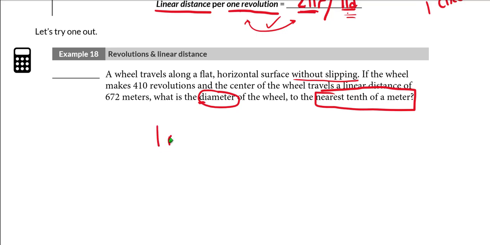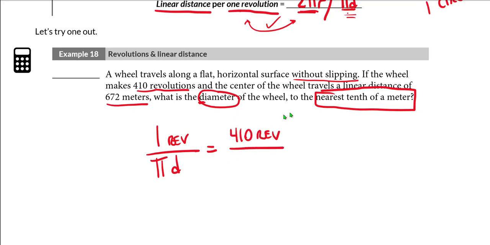So 1 revolution is to pi d, and that must be equal to the relationship given in the question, that 410 revolutions has to be equal to a linear distance of 672 meters.